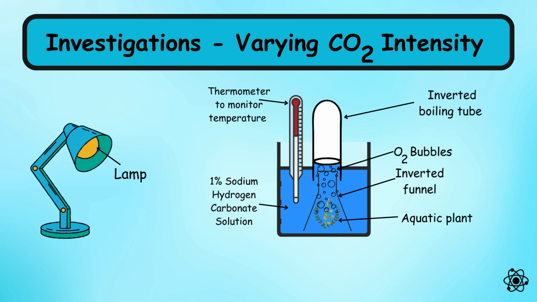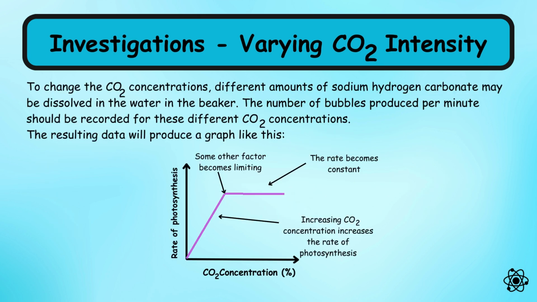Remember that care must be taken when investigating a condition to keep all other variables constant in order to ensure a fair test. The resulting data will produce a graph like this. So initially, increasing carbon dioxide concentration increases the rate of photosynthesis until some other factor becomes limiting, after which the rate becomes constant.